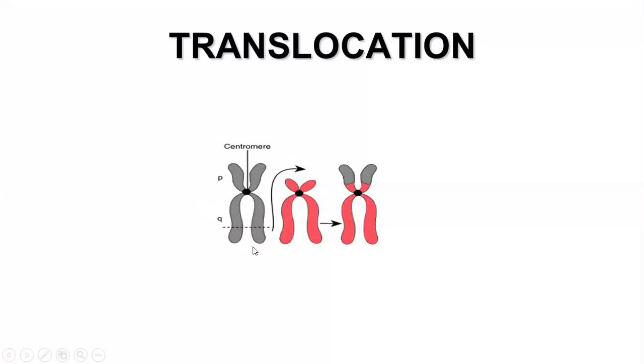In this picture, I've taken only one chromosome from each pair. Assume that the other chromosome is also present. So we have two pairs, gray and pink.